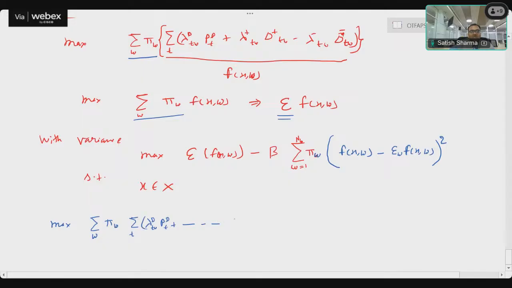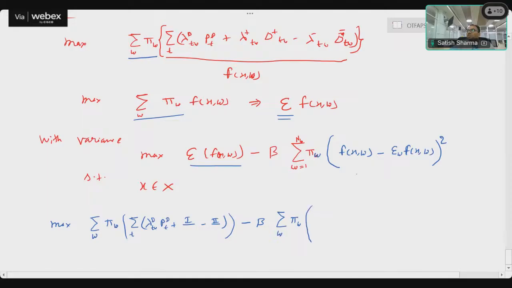So this is the first term and this is the second term, so I'm not writing them down again. So this first term is my objective function minus beta. Then I have to place the variance in the objective function. So variance will be expectation of this thing. So I will put a summation over omega and pi omega. Okay, and then I have to put a square.